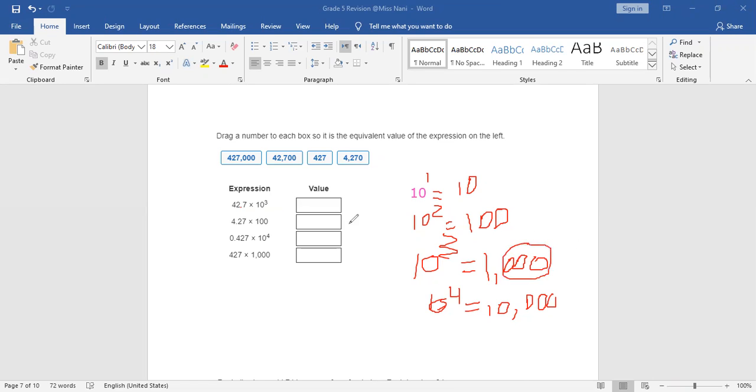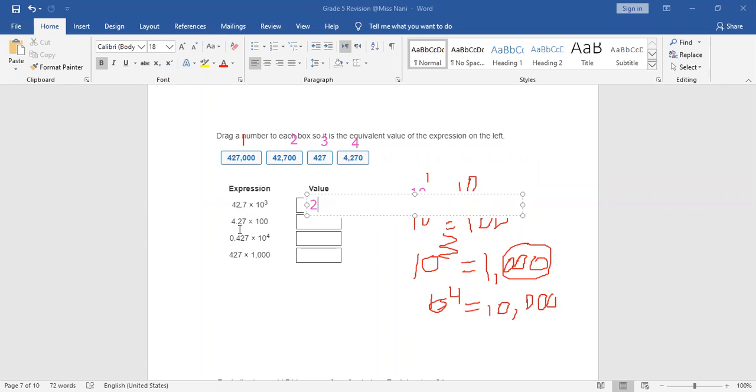So the decimal point moves three places, which will be 42,700. That's number 2. The second one, 4.27 multiplied by 100, so the decimal point moves 2 places.